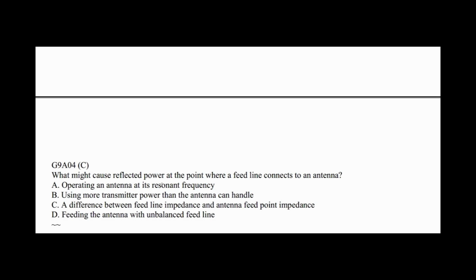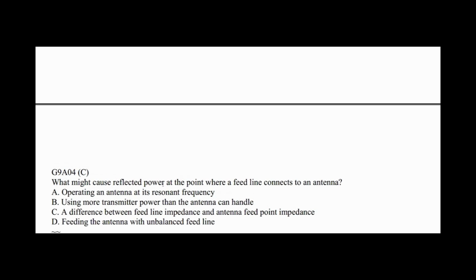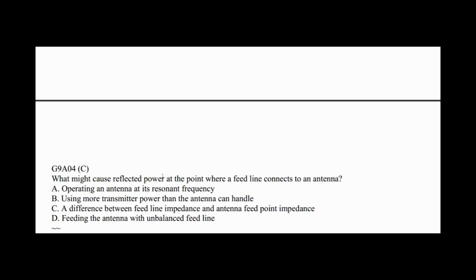Operating an antenna at its resonant frequency. The resonant frequency of the antenna, that's where there's no reactance, could be any impedance. That one has a possibility. A difference between the feed line impedance and the antenna. Oh, that is the right answer.